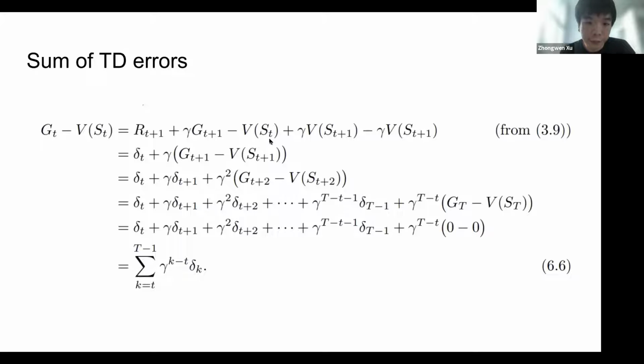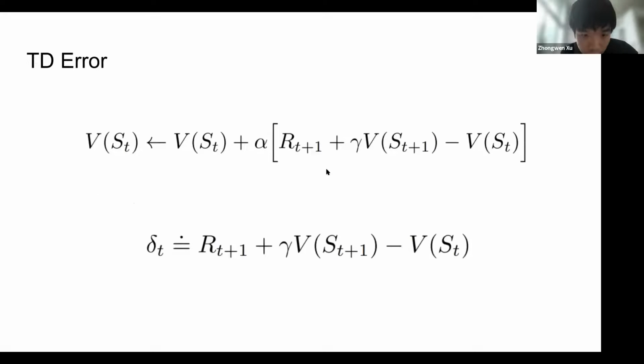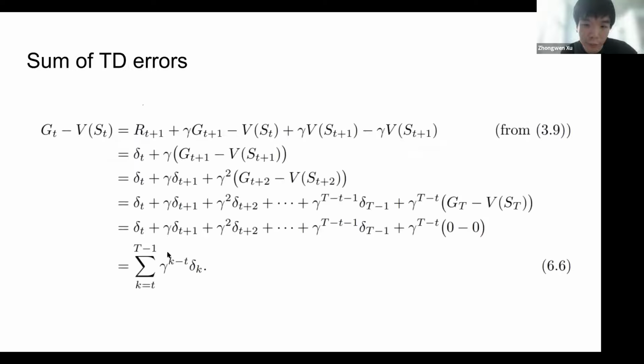And then we can see that this one is the TD error. It is R_{t+1} plus gamma times V(S_{t+1}) minus V(S_t). So this is defined as the TD error.